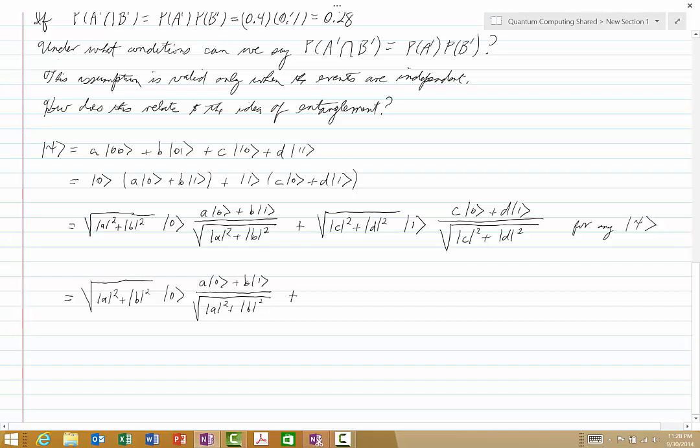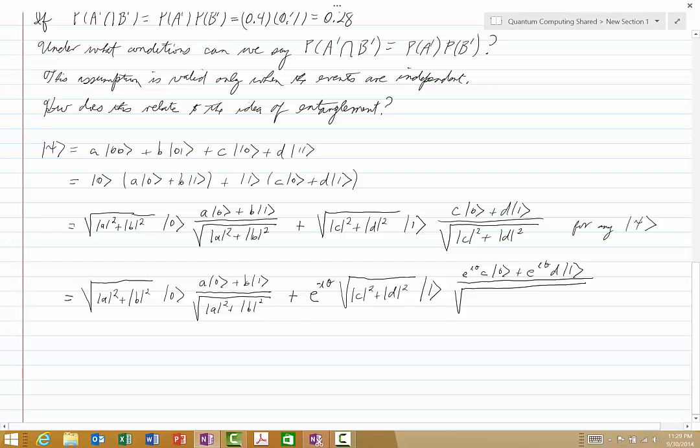plus, and now we'll have this small change. I'm going to say e to the minus i theta times the square root of the magnitude of c squared plus the magnitude of d squared times |1> times (e to the i theta c |0> plus e to the i theta d |1>) over the square root of, and now notice that if we take the magnitude of this thing on the top, we'll get e to the i theta c multiplied by e to the minus i theta c conjugate, and then e to the i theta d multiplied by e to the minus i theta d conjugate.